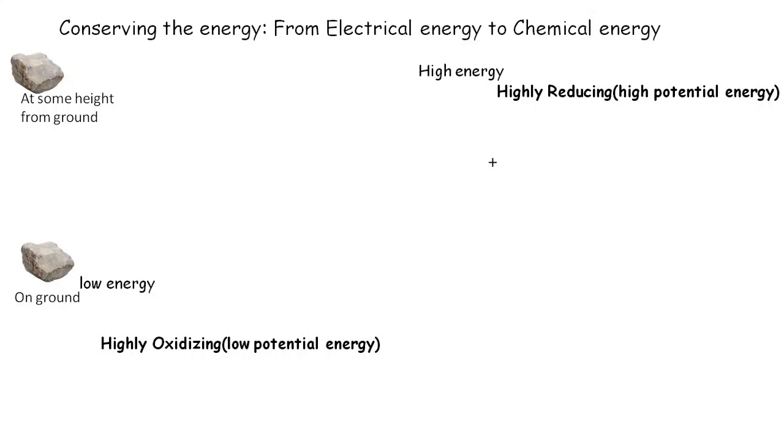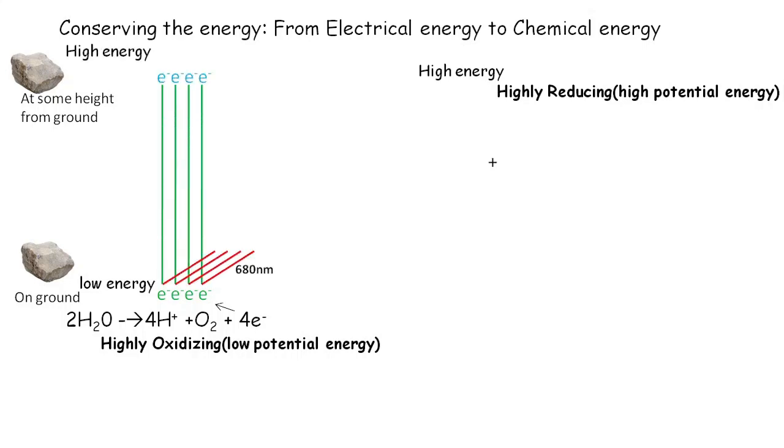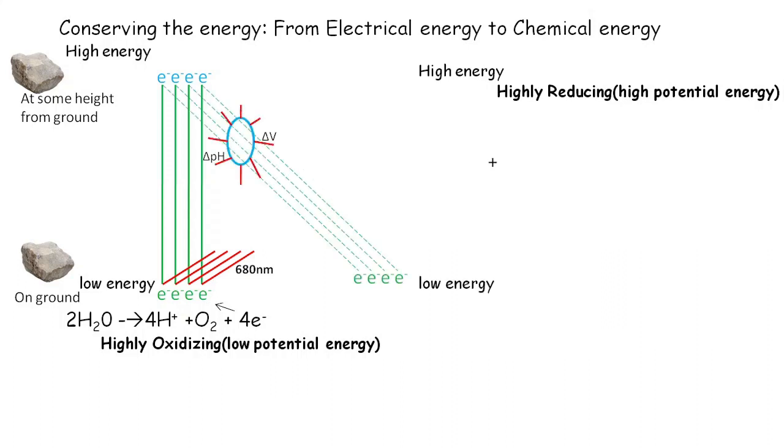In the same way, when water releases electrons by splitting in the presence of light, the electrons are excited to high energy by absorbing photons of 680 nanometers. Here, each photon releases a single electron, and then the electrons travel downhill. These electrons, which are high in number, create a high difference in number and charge across the stroma. Thus, ATP will be formed here.